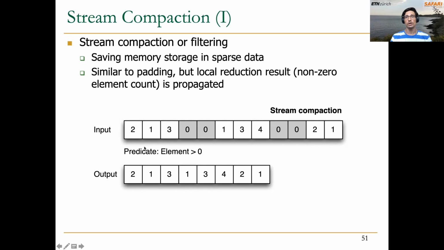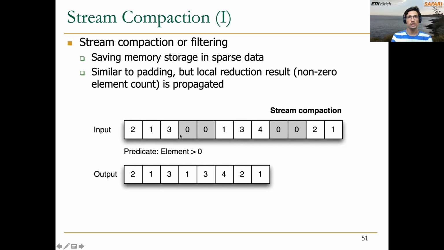So the number of elements that one particular worker, either a CPU thread or a GPU thread or a GPU thread block, has to move to the output depends on the specific input. And because of that, it is necessary not only to signal other workers when some particular data has been saved in the temporary space, but also to propagate the local reduction result.